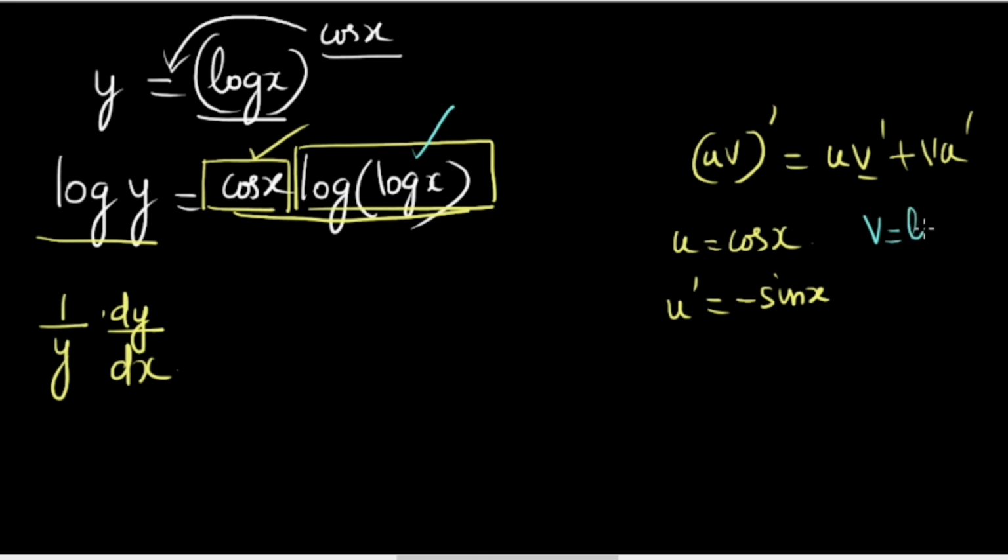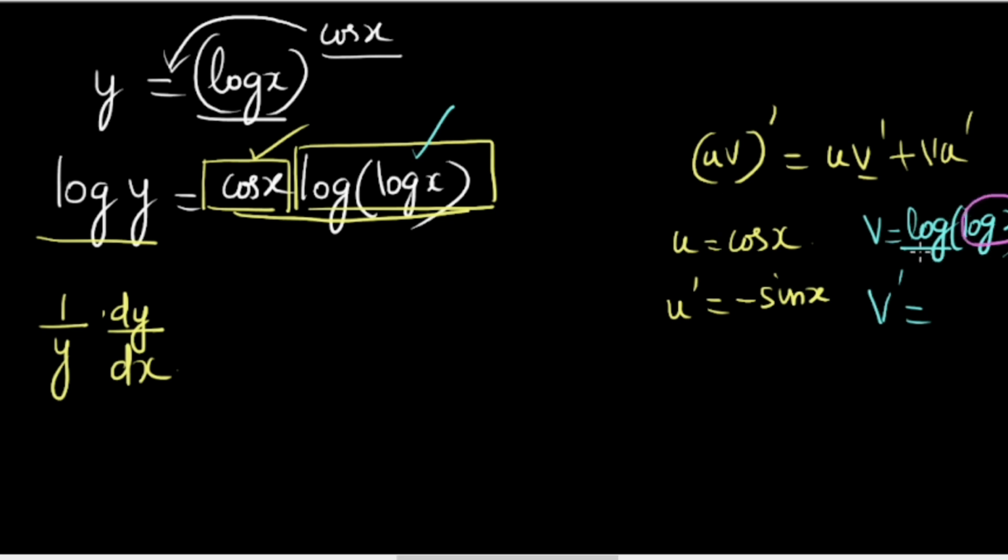So this becomes our v. V is actually log of log x, a function of a function. Whenever we get a function of a function, we need to go for the chain rule. So chain rule means for the outside function, first we find the derivative, and then we look into the inside function.